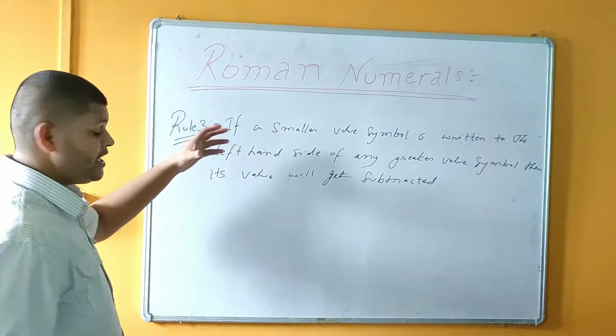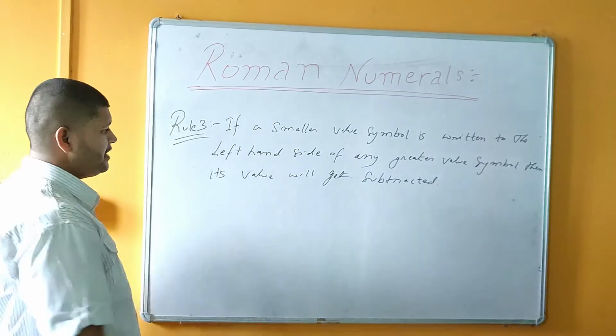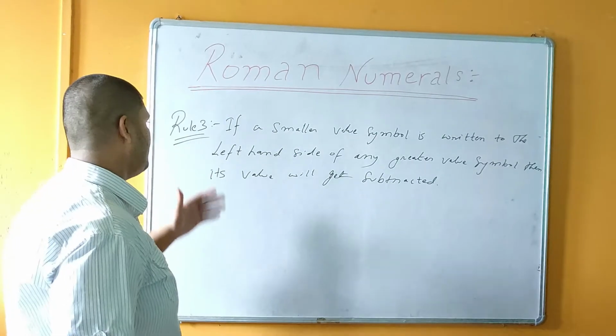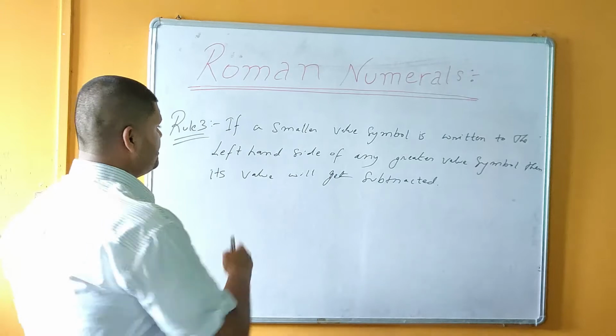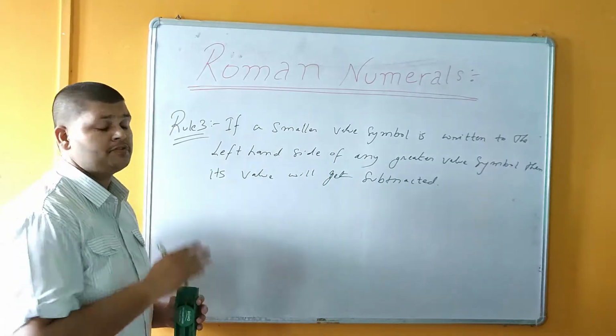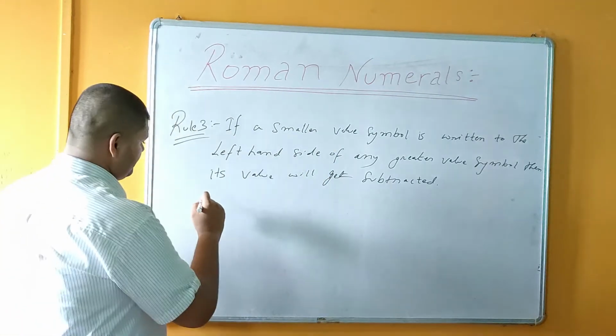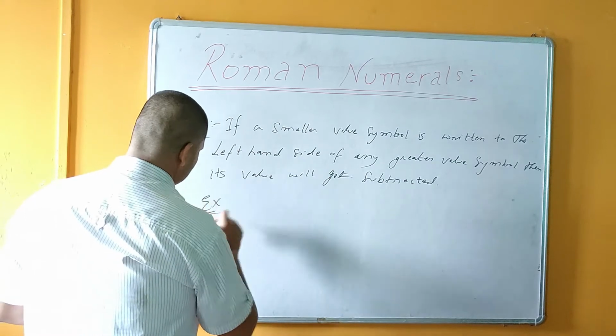Alright, the statement is too long to remember, but with the help of an example, you can remember this statement. It is very easy. Here I am taking one example.